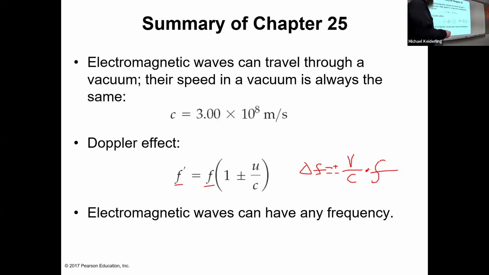So the change in frequency is the velocity over the speed of light times the frequency. Frequency goes up, becomes higher, for things coming towards you. Frequency goes down, becomes lower, for things traveling away from you. Electromagnetic waves can have any frequency.